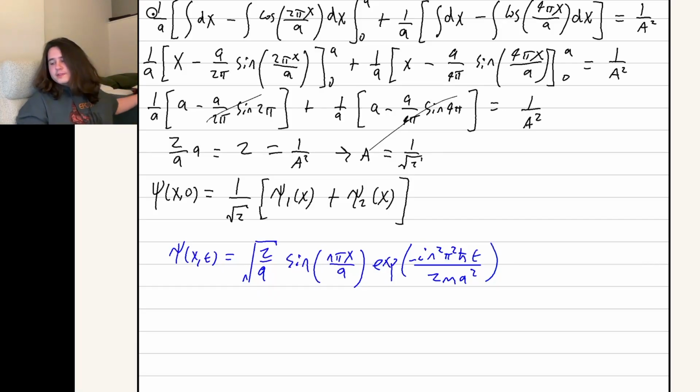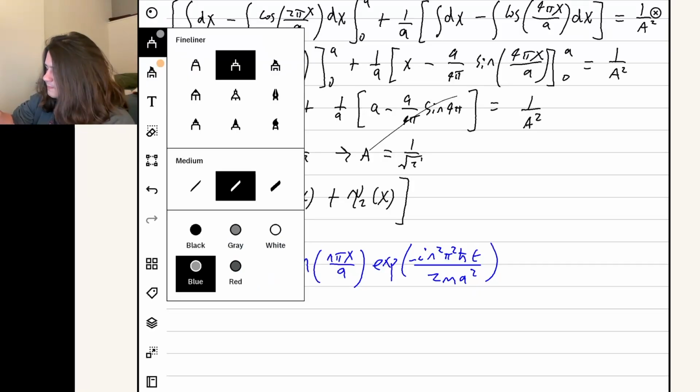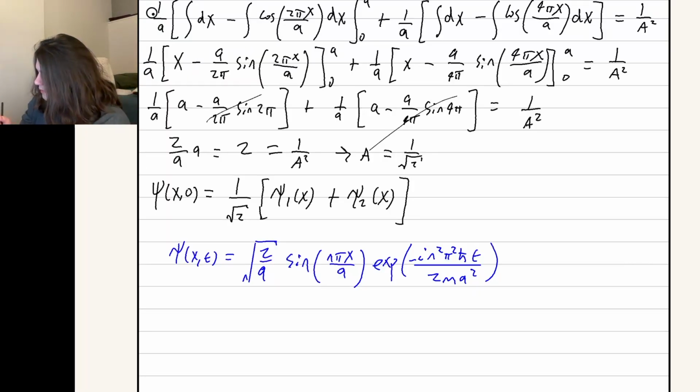And so how we're going to do this is we're going to expand psi 1 of x into psi 1 of x and t, do the same for psi 2 of x, and try and simplify that form. So we have that psi of x and t is now 1 over root 2.